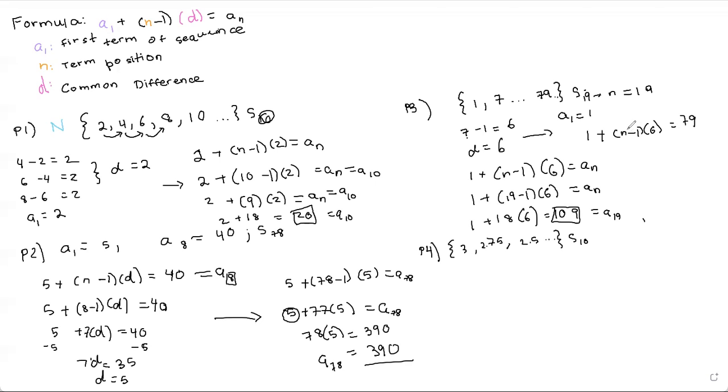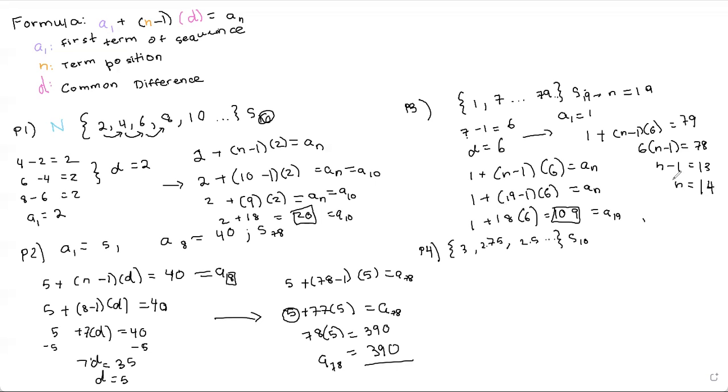So now really to find the n value, it's just simple algebra from here. You subtract 1 on both sides, so 6 times (n minus 1) is equal to 78. Divide by 6 on both sides. N minus 1 is equal to 13. Yep, and n is equal to 14.